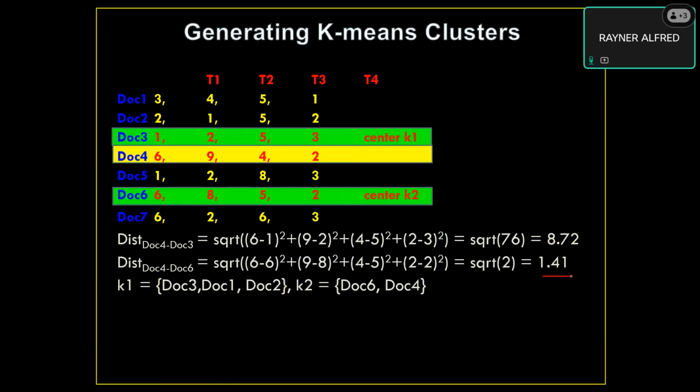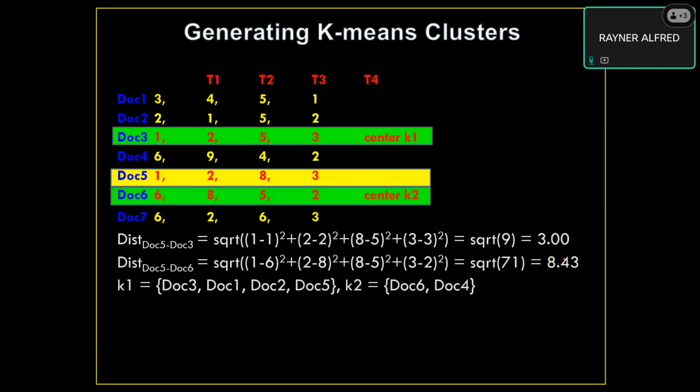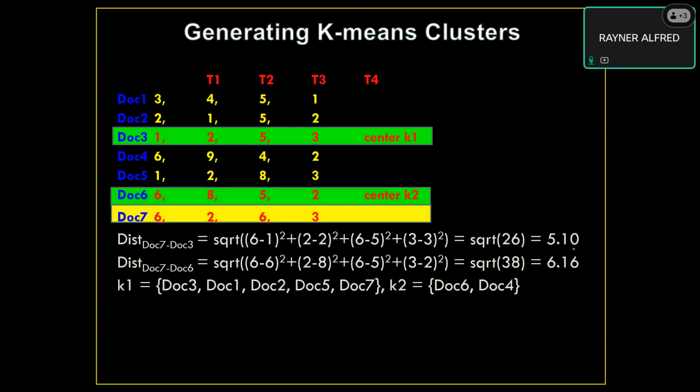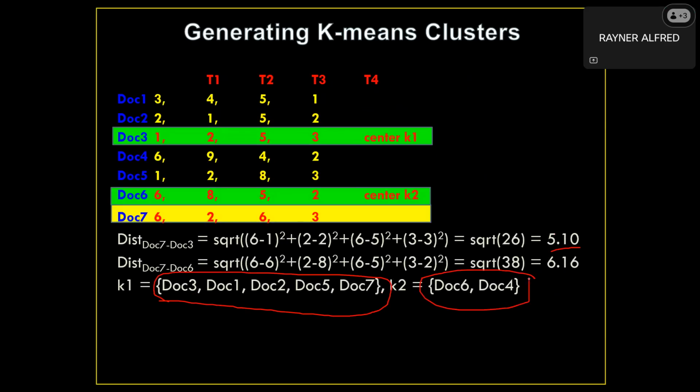Document 4 belongs to center 2. Document 5 belongs to center 1. And lastly, document 7 belongs to cluster 1. Once we have this cluster result, this is the end of iteration 1.